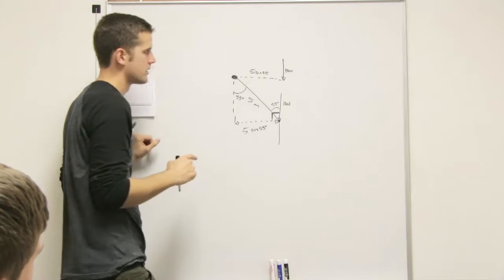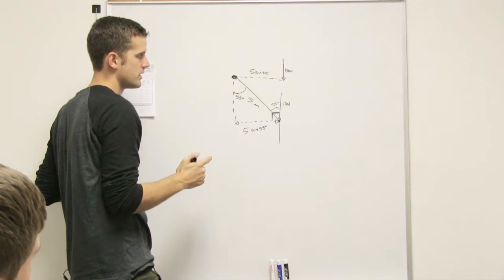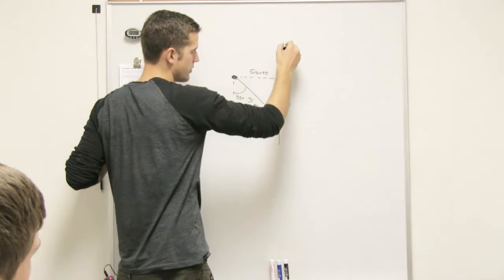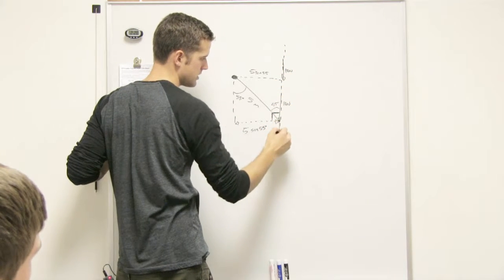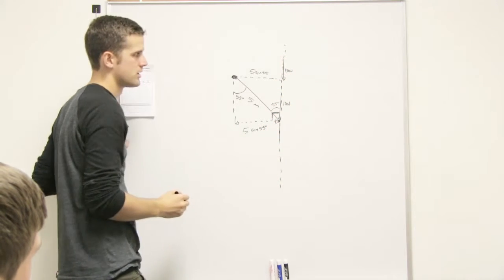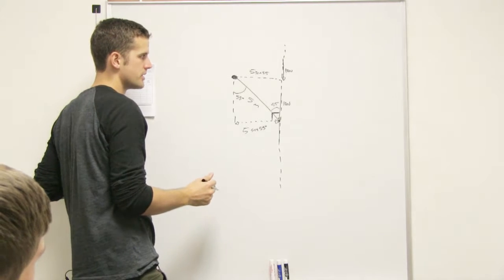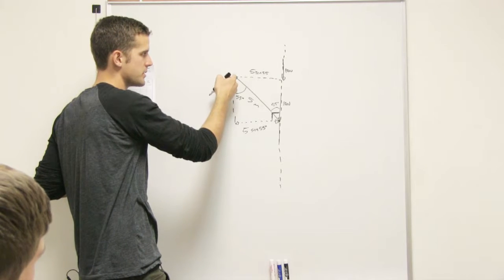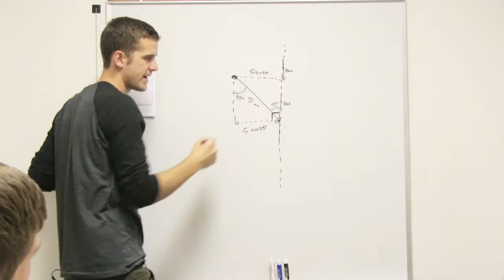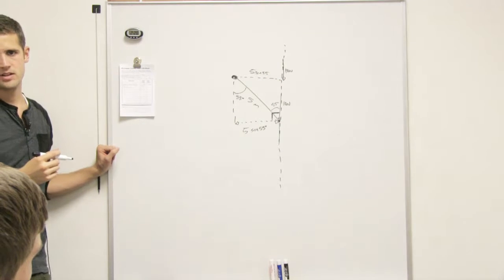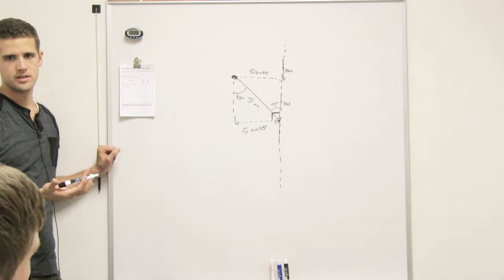But anyway, this is the line of action of the force. This is what that's called. So if you draw a line from the middle straight out to the line of action, so it's perpendicular, then you can use that too.